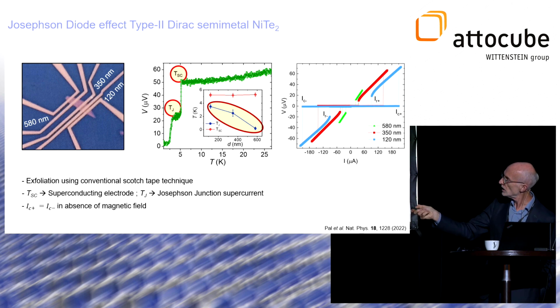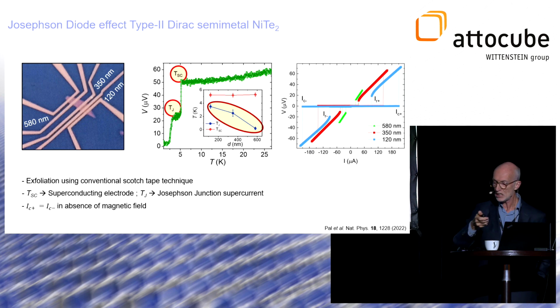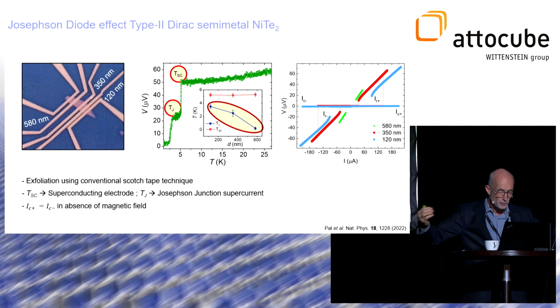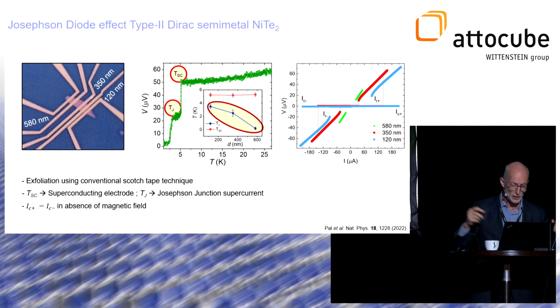If we now measure the voltage between two electrodes, then when the niobium becomes superconducting, the voltage drops, and then the junction itself, the nickel ditelluride, becomes superconducting by proximity, and this temperature depends on the spacing of the niobium electrodes. The greater the spacing, the greater the distance the supercurrent has to flow, then the lower the temperature needed to fully proximatize the nickel ditelluride between these niobium electrodes.